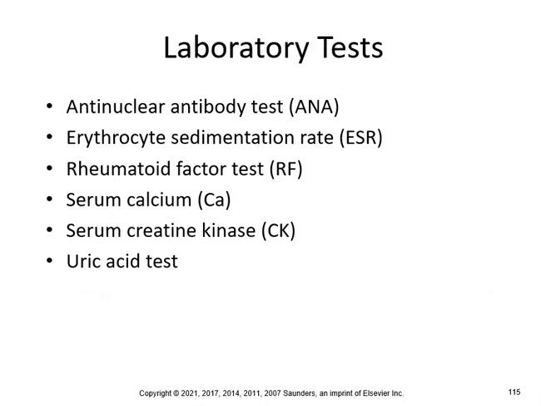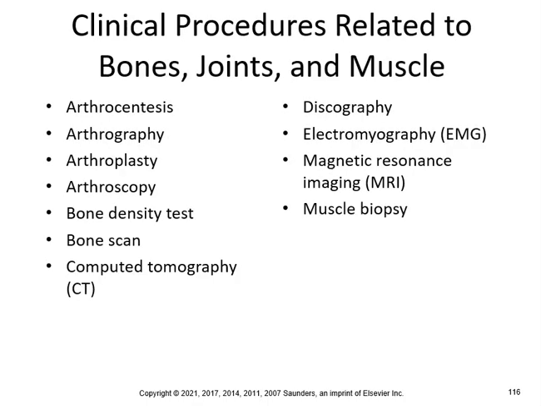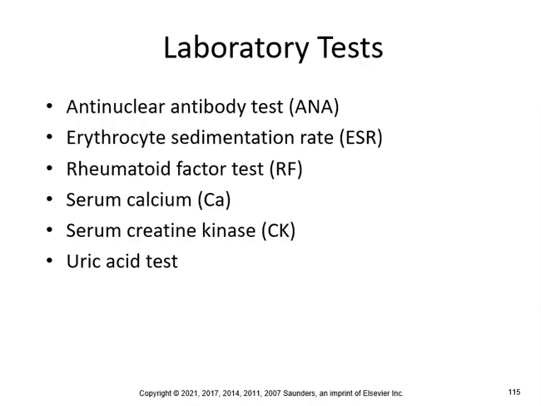And then you have all these lab tests that you can do. ANA, which is an antinuclear antibody test. ESR, that's to test for rheumatoid arthritis. A rheumatoid factor test, RF. Serum calcium, serum creatine kinase, and a uric acid test. Clinical procedures related, again, I'm not going to ask you what any of these tests do.